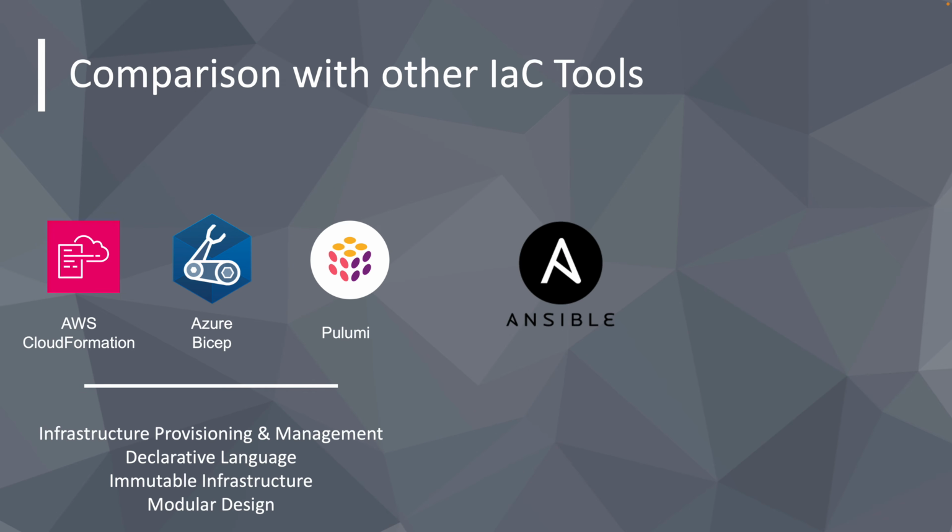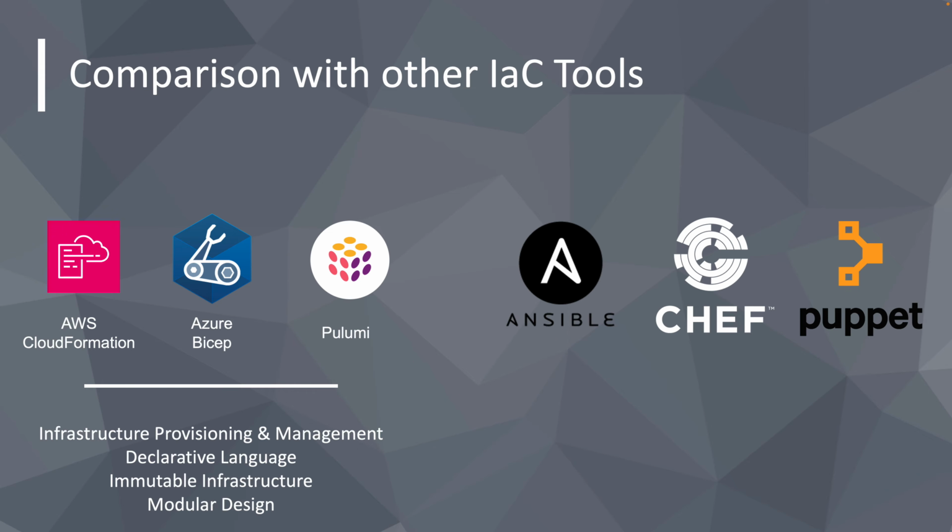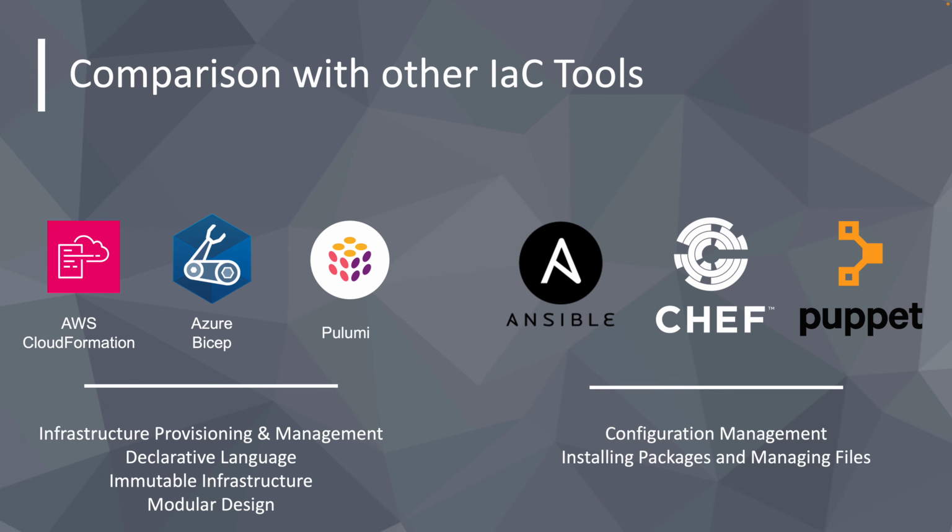Now, other infrastructure as code tools that you may have heard about include Ansible, Chef, and Puppet. Now, these infrastructure as code tools are really focused on configuration management, right? They are somewhat different than Terraform and AWS CloudFormation and Bicep. They focus more on installing packages and managing files for you in your environment.